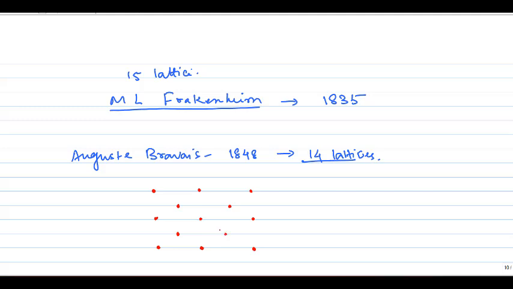Is this a lattice? Yes, it is. We have a periodic arrangement of points in space where every point has an identical environment. So I can sketch out a unit cell like this.